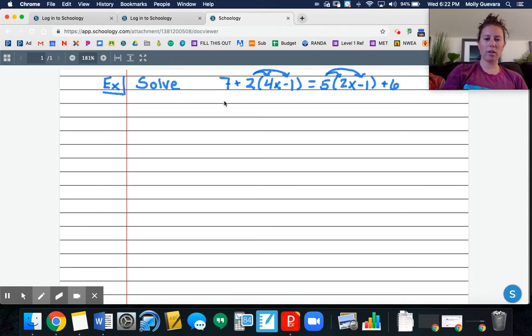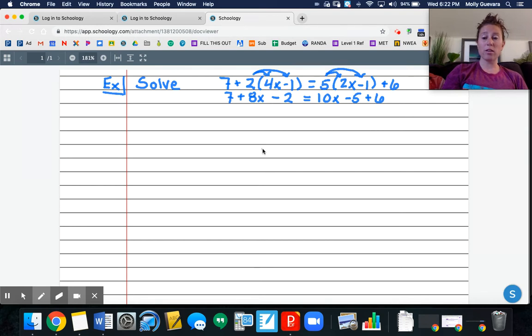Okay, so I'm on the next line. I'm just going to copy the 7 down. 2 times 4x is 8x, and then 2 times negative 1 is negative 2. 5 times 2x is 10x, and then 5 times negative 1 is negative 5, plus 6.